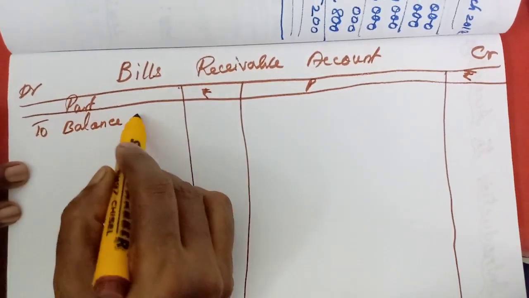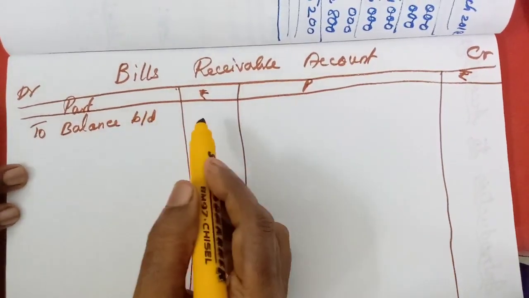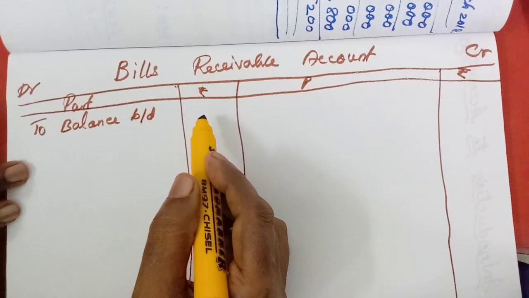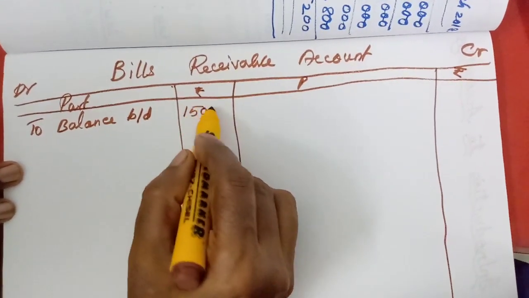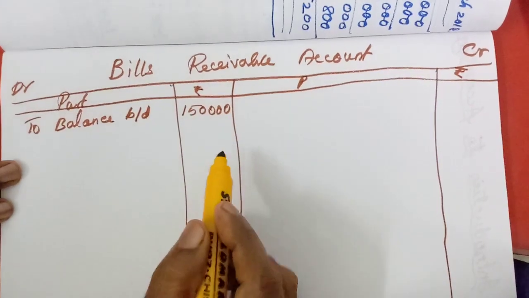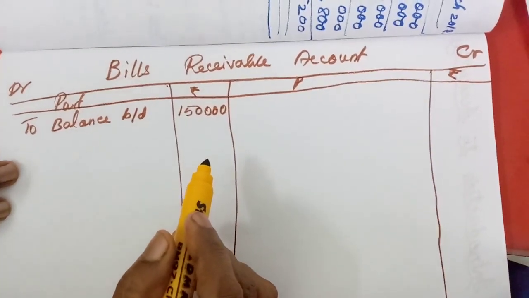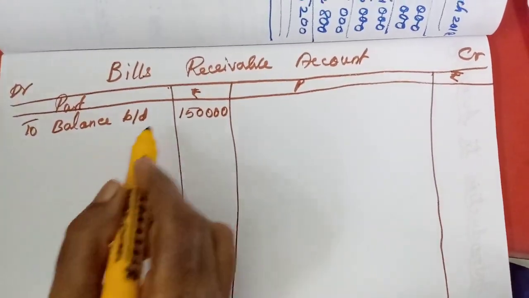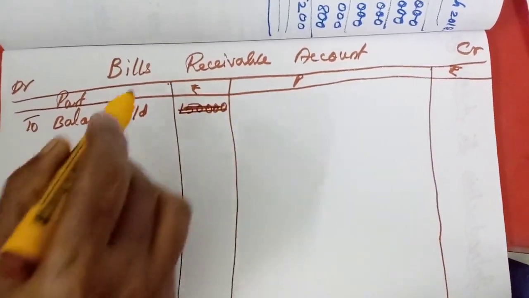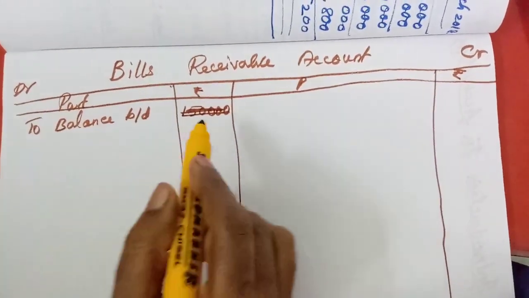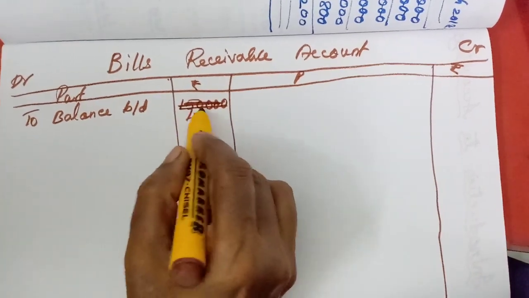No. To balance brought down. Debtors on 1st April 1,50,000, that you have to write. Sorry, this is not the bills receivable amount. Bills receivable amount is 40,000.